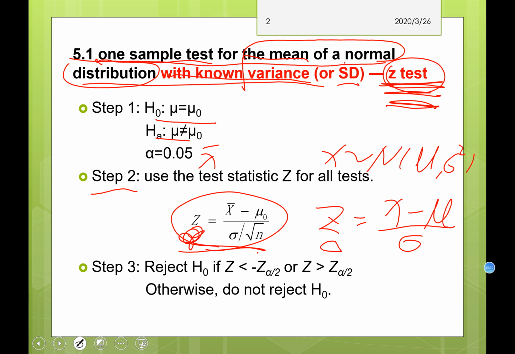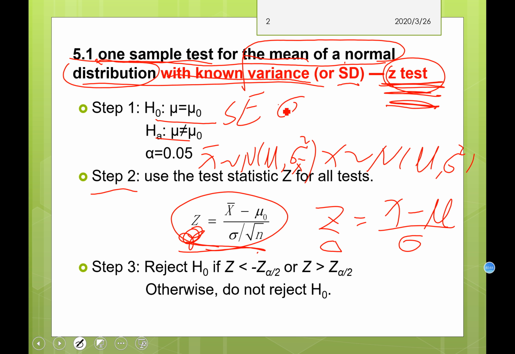And we will find that X bar also follows a normal distribution with the same mu but different sigma. And we find that the sigma is actually sigma X bar. And we have mentioned that sigma X bar is actually standard error, SE, standard error.